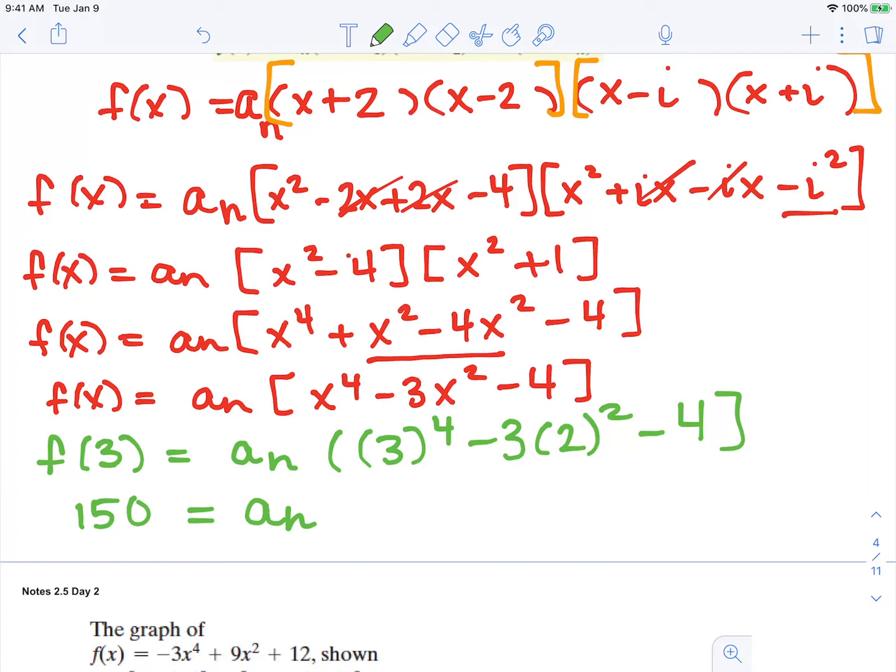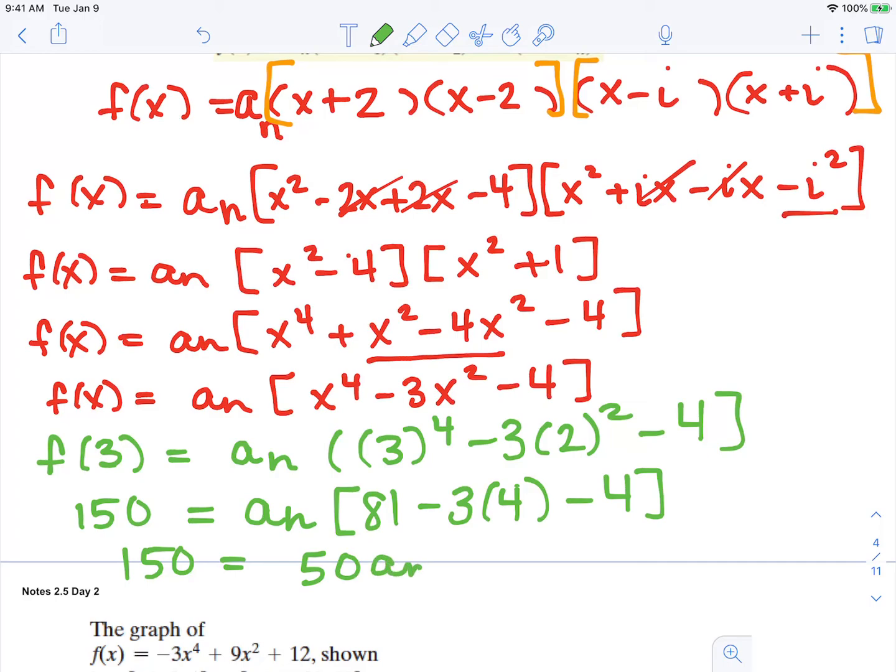Now I'm simplifying this bracket. So 3 to the 4th is 81, minus 3 times 3 squared, which is 9, minus 4. And now if you're comfortable, just go ahead and take out your calculator. That bracket will become 50 a sub n.